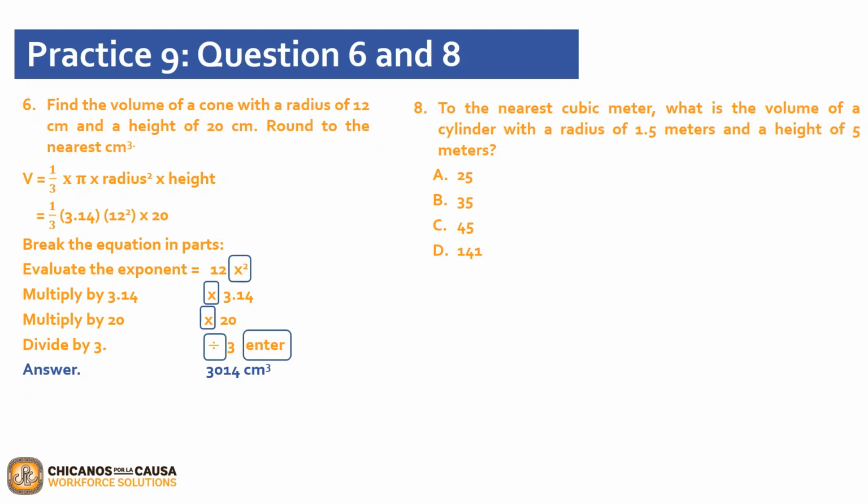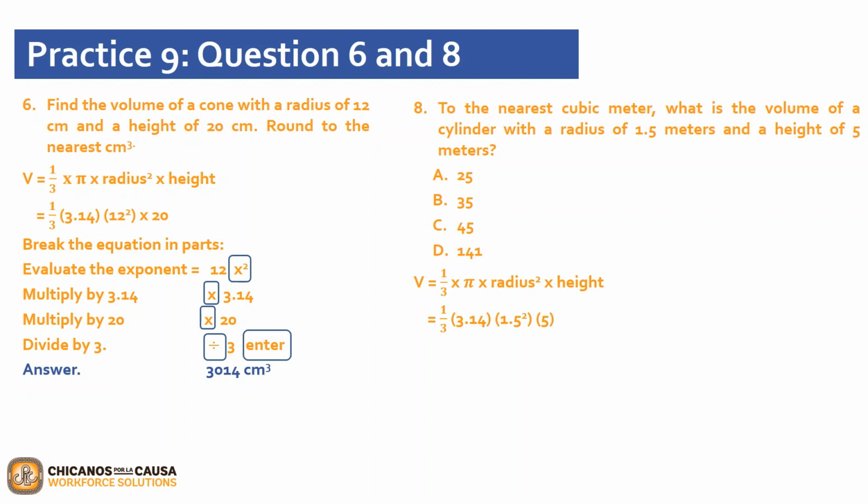And here is the formula to calculate the volume of a cylinder, which is volume equals 1/3 times pi times radius squared times the height. So now we are going to replace all of our variables with the numbers given, which is 1/3 times 3.14 times 1.5 squared times 5.